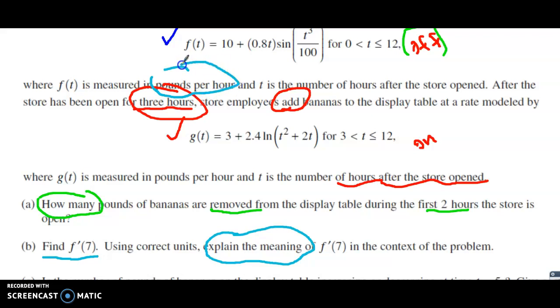So f prime is pounds per hour squared. f prime is going to modify f. It's going to tell us if the rate at which bananas are removed from the table is increasing or decreasing. A rate modifies its preceding function.